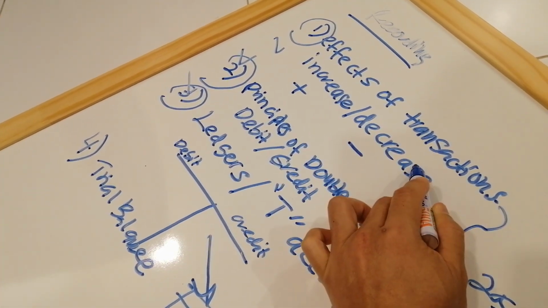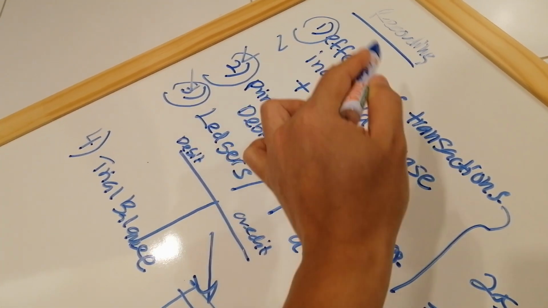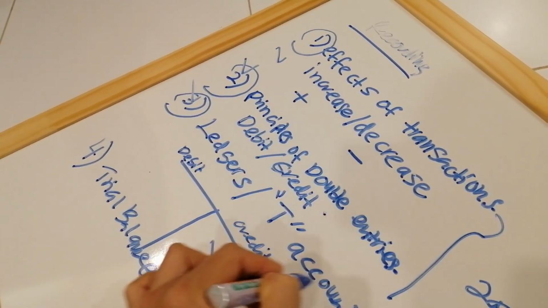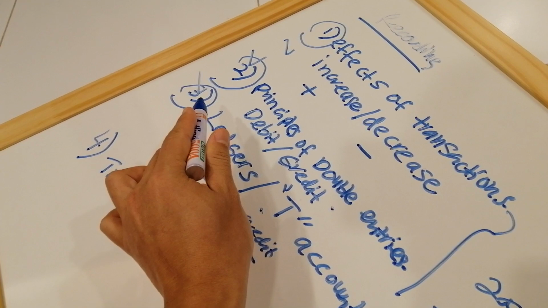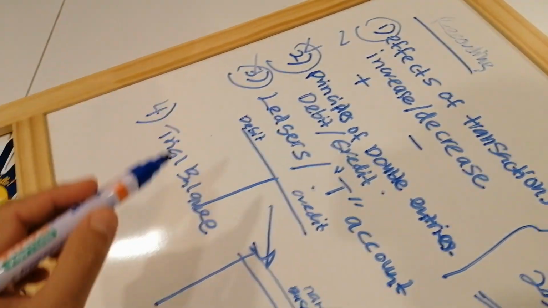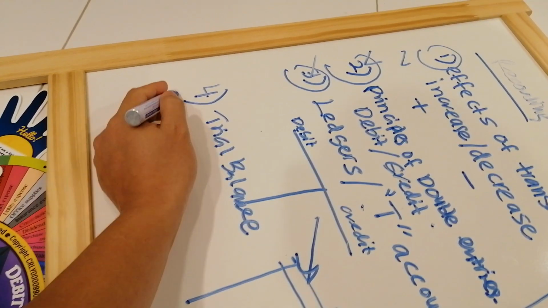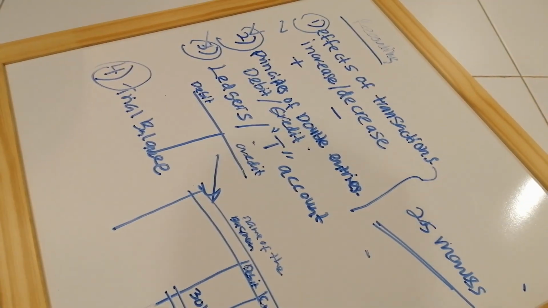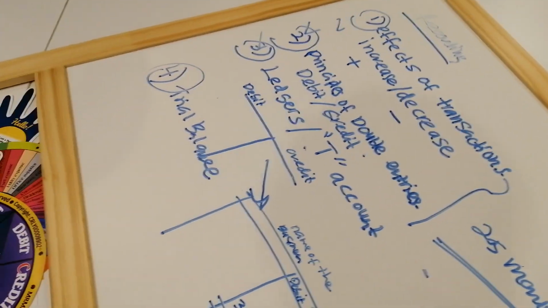If you are done with number 1, you have to prepare number 2. If you are done with number 2, you have to prepare number 3. If you are done with number 3, to test whether what you have prepared for 3, 2 and 1 is correct or not, you have to prepare 4, trial balance. Okay, let me clear this whiteboard.